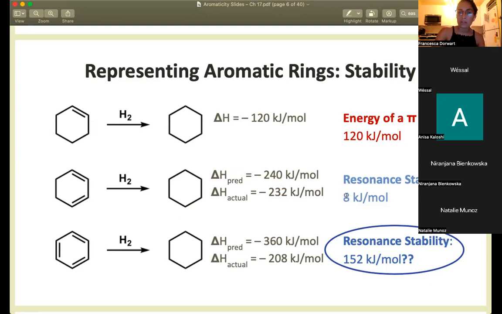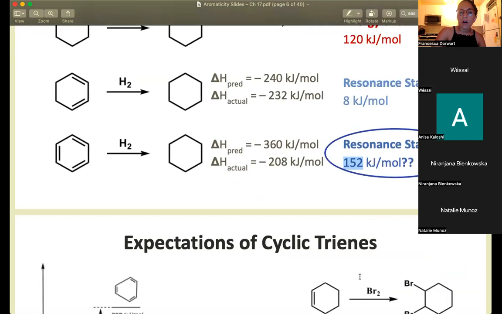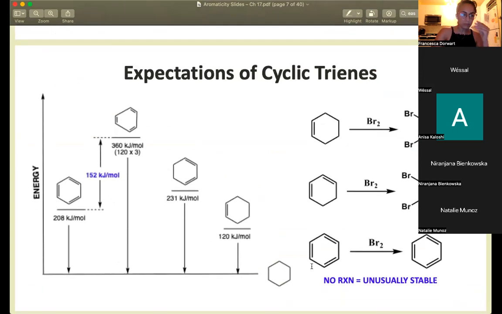I should see a resonance stability of around 16. Instead, I see a resonance stability of around 152 kilojoules per mole, right? And so that's what aromaticity is. It's this stabilizing effect of all of my electrons being able to be in a ring, shared equally among all of the p orbitals of a ring system, okay?